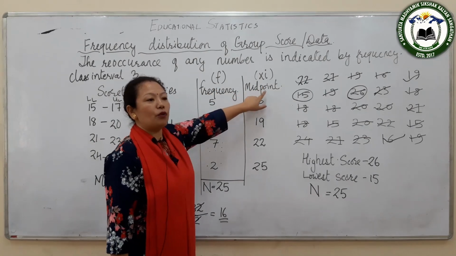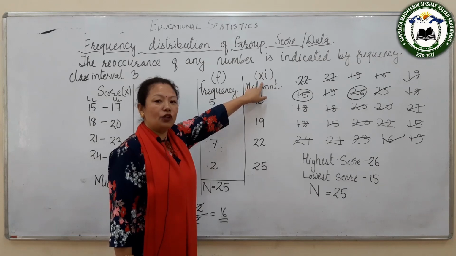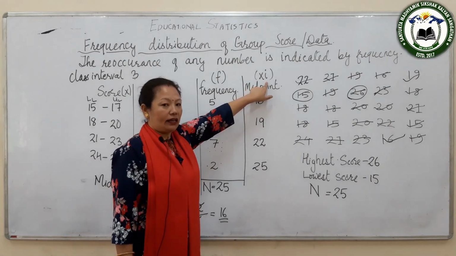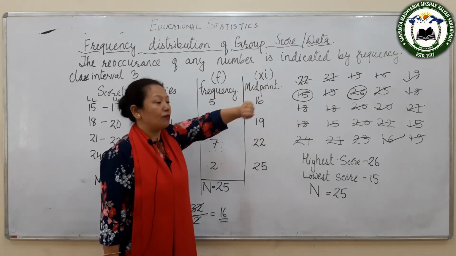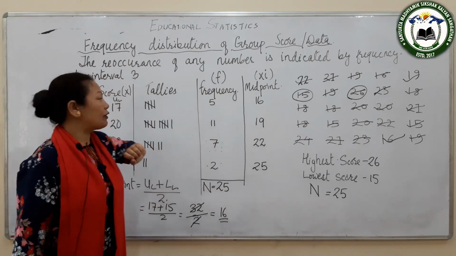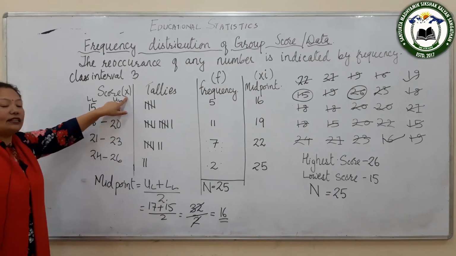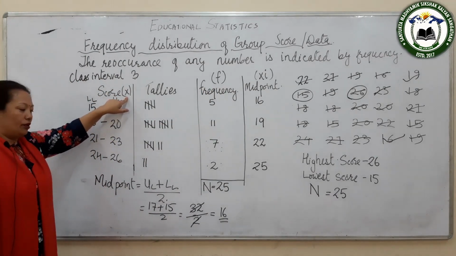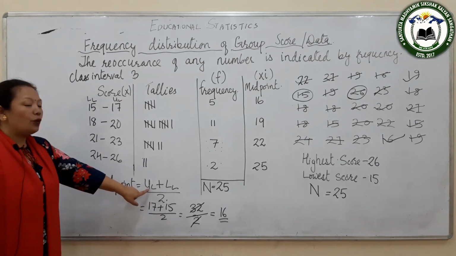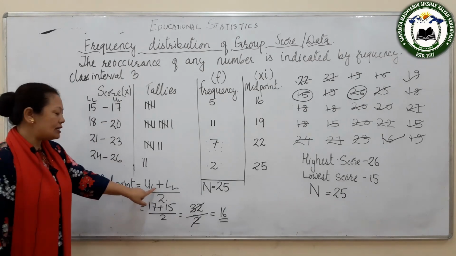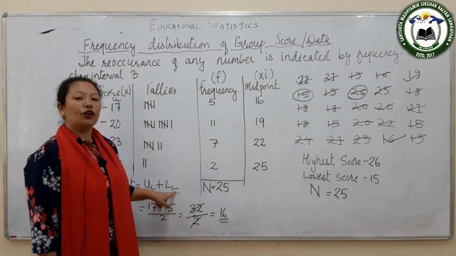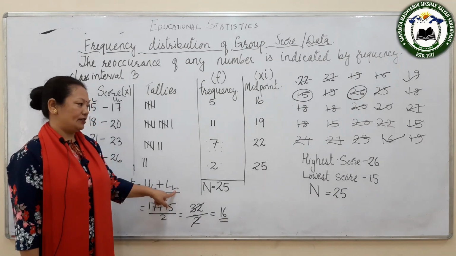So for the midpoint, my next symbol is XI. So XI is your midpoint, F is your frequency and X is your score. Over here, UL is your upper limit, LL is your lower limit.